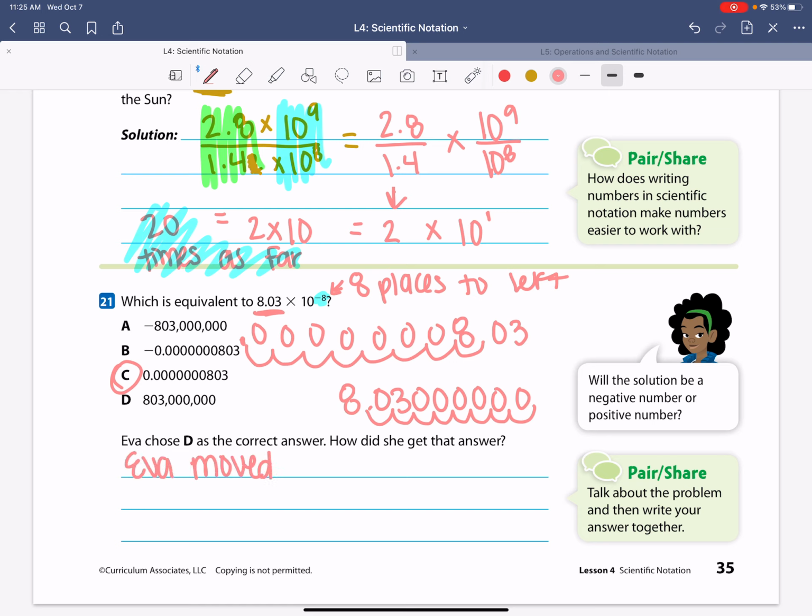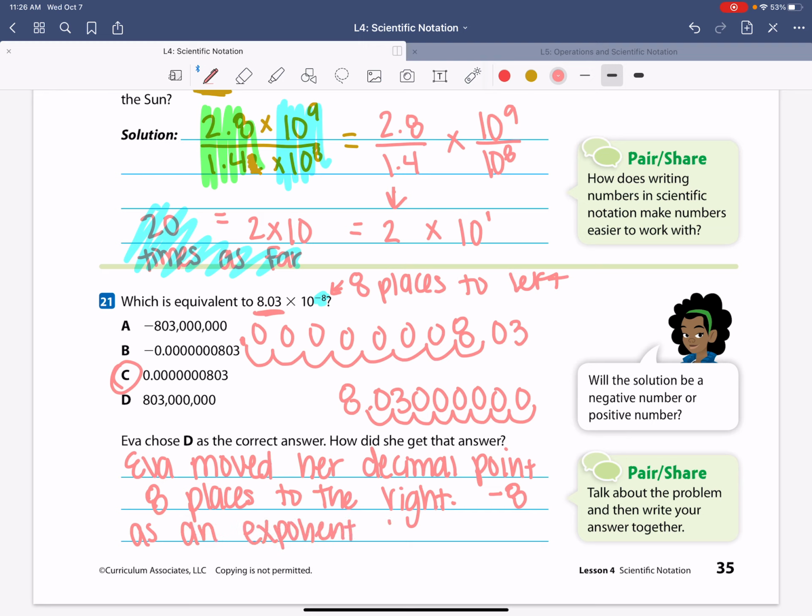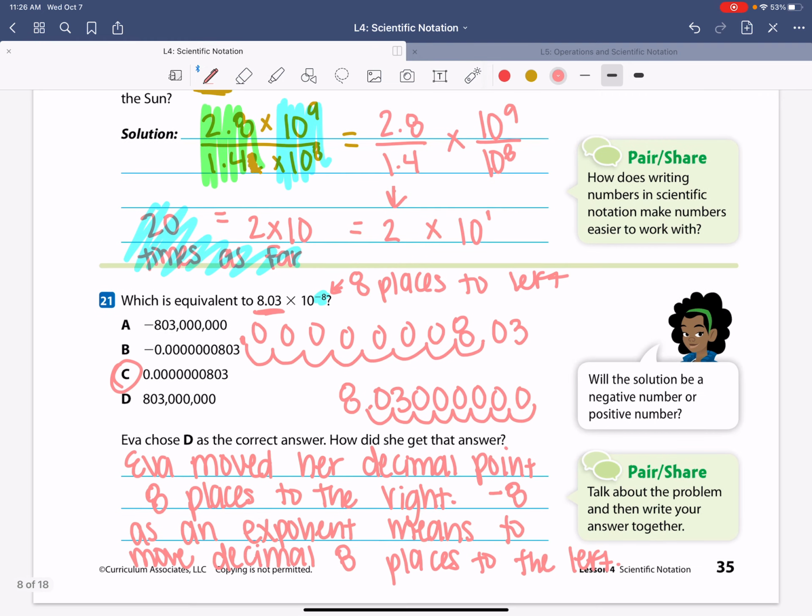Eva moved her decimal point 8 places to the right. She shouldn't have done that because a negative 8 as an exponent means that we need to move the decimal 8 places to the left. But that was her mistake. And that is it for day 4.